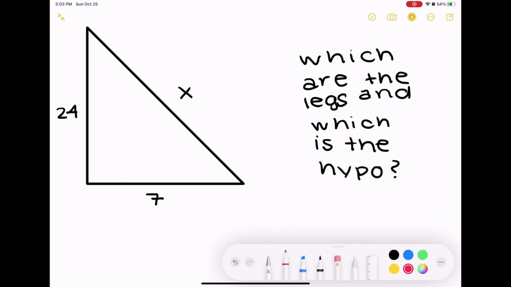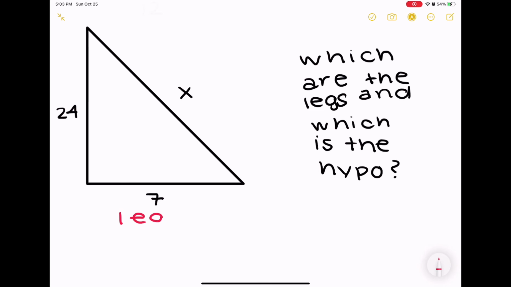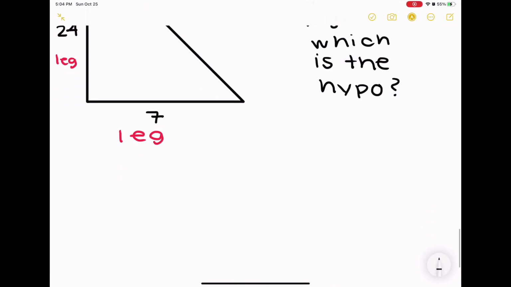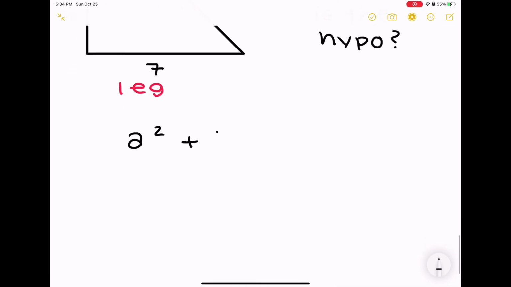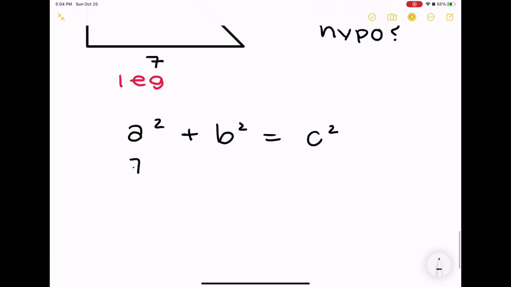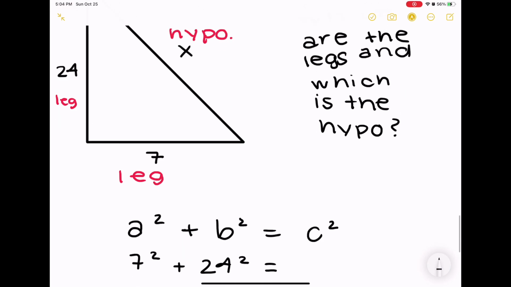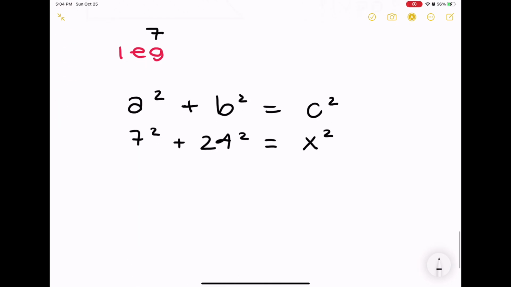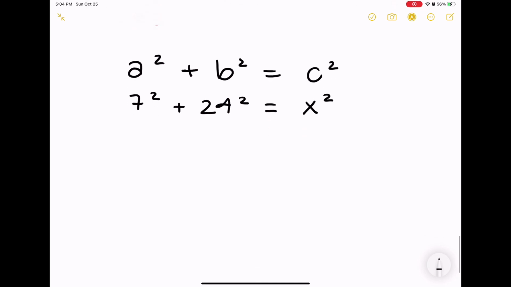Did you do it? Let's go ahead and check if you got the right answer. So the two perpendicular lines are the legs, and the diagonal one is the hypotenuse. Now, let's go ahead and go back to the formula we've been using all day. a squared plus b squared is equal to c squared. And we know a squared and b squared are the legs, so we have 7 squared plus 24 squared is equal to x squared, which is what we're trying to figure out.